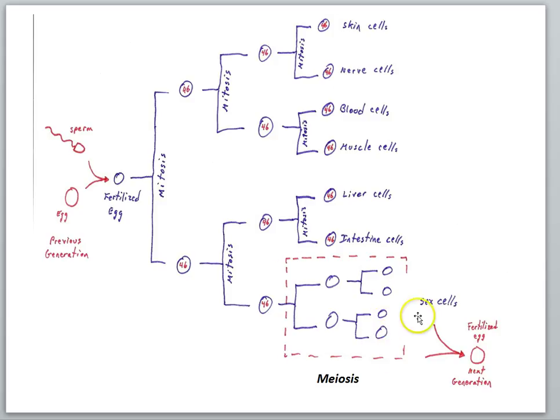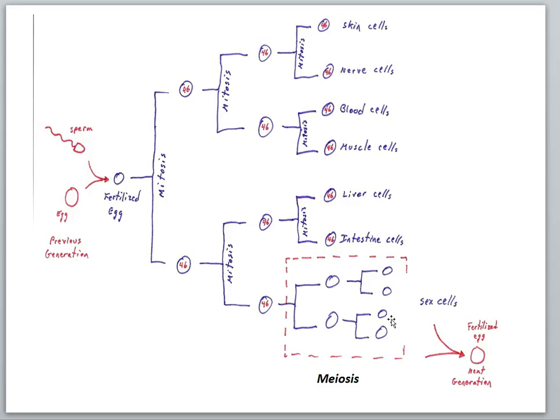So what's in this box here is happening in ovaries and testes, the sexual organs that are producing sex cells. Again, like all body cells that have 46 chromosomes, the immature sex cells have 46, but then when they go through that special 2-division process, they're going to have 23 chromosomes.